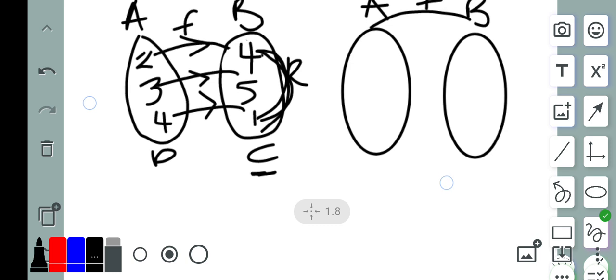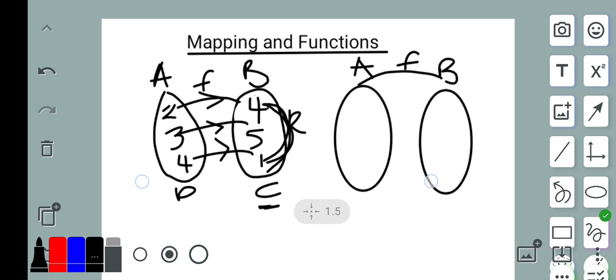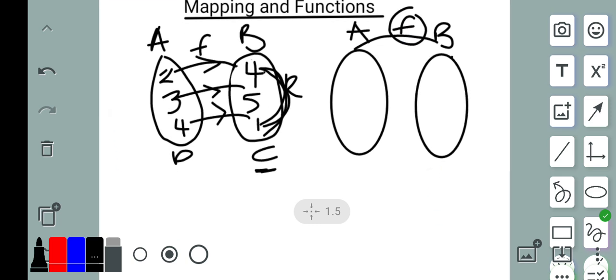We said a function is a rule that associates an element of A to an element of B. That is, this is what relates A and B together. So it must be defined. Let's give an example here.